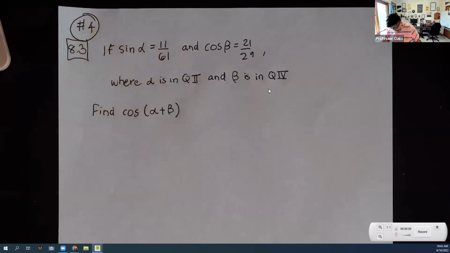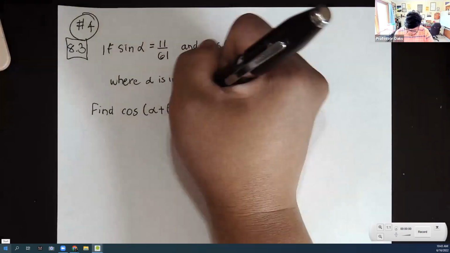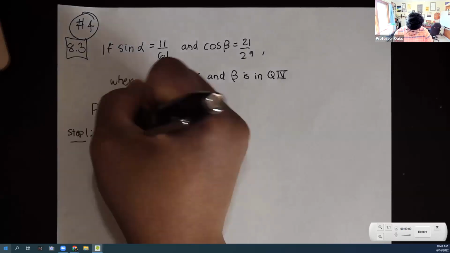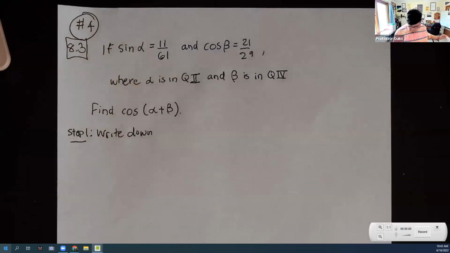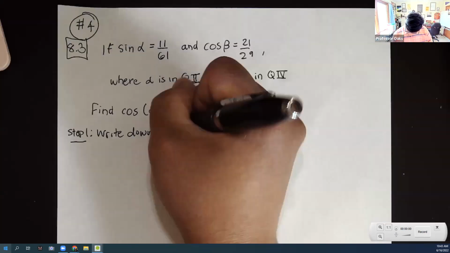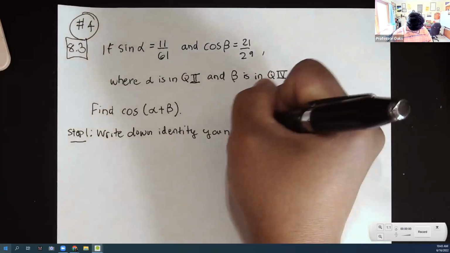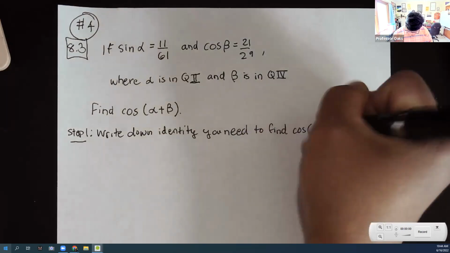The same idea applies here. What I would do is start by step one, write down the identity that you need to find the cosine of alpha plus beta.